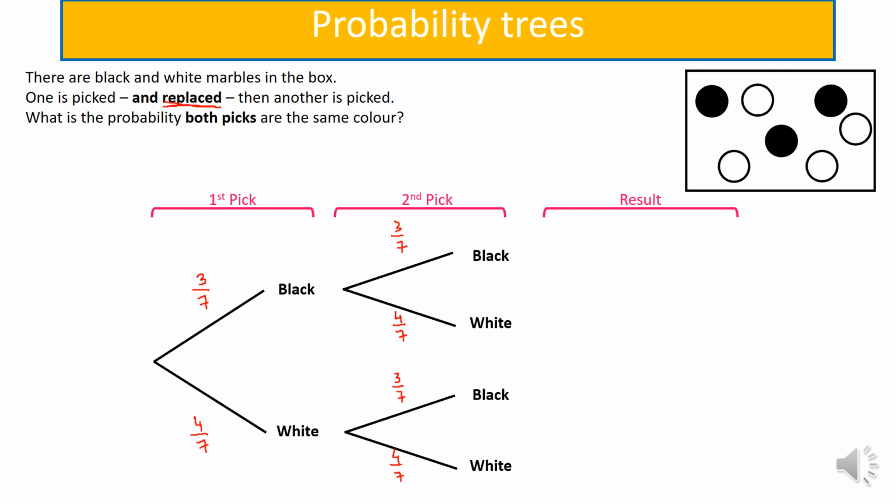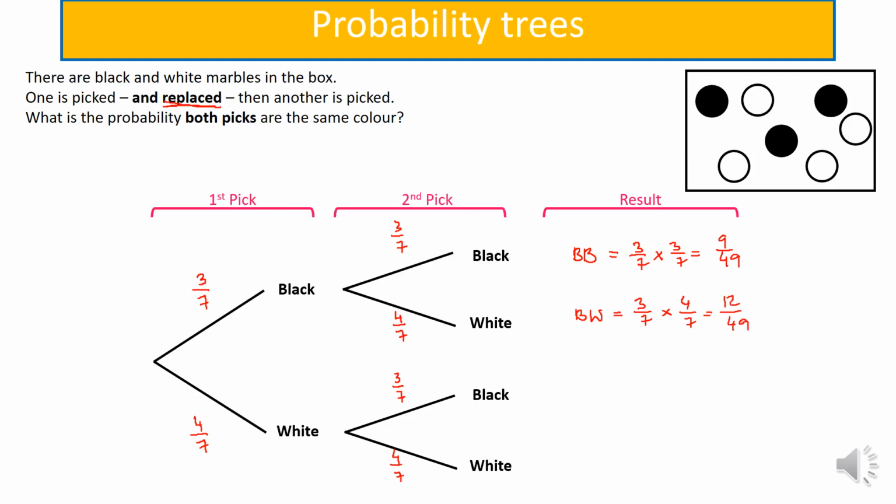If I go along the top branches, I'm going to get black and black. That is 3 over 7 times 3 over 7, which is 9 over 49. Then we can get black first and then white. That's 3 over 7 times 4 over 7, which is 12 over 49.